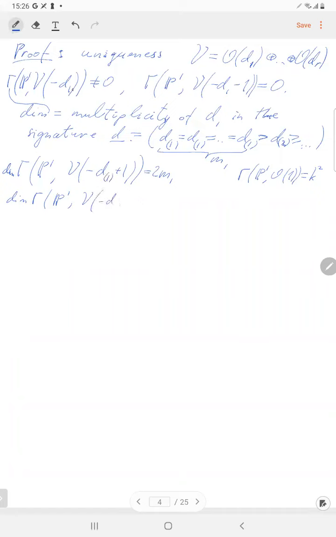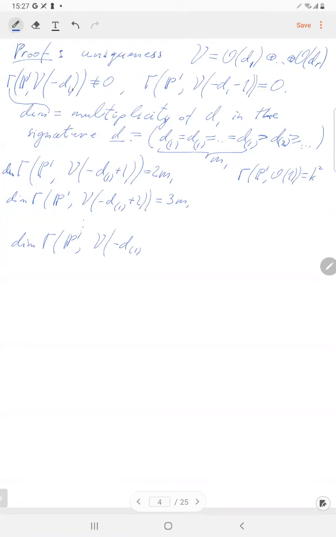It grows linearly, but then at some point I get to... What is the multiplicity of D1? We wrote that the dimension of the section is the multiplicity of D1. Yeah, how many entries of the signature are equal to the first one, and then at some point you get strictly smaller.